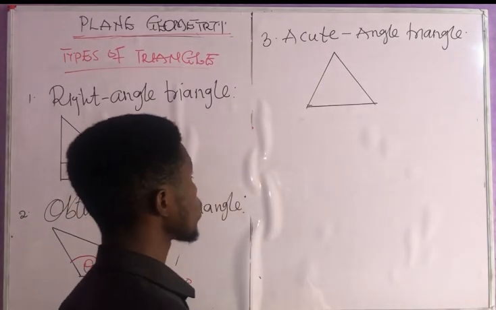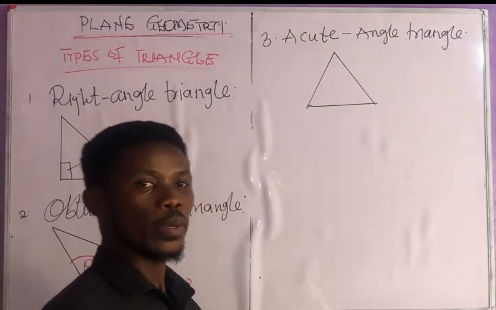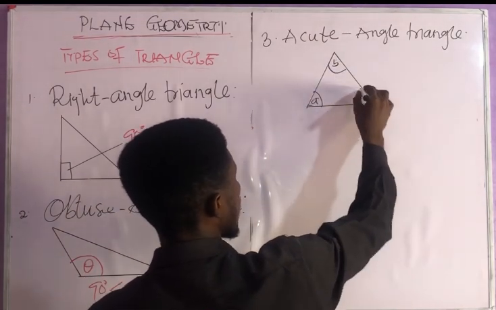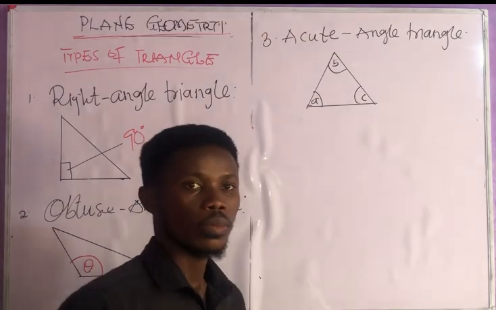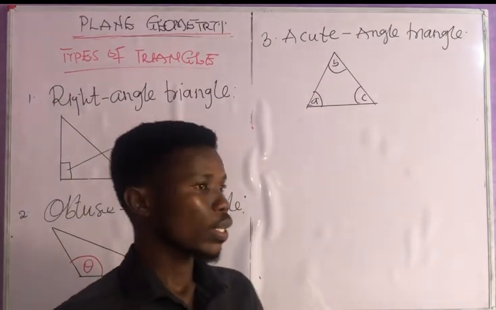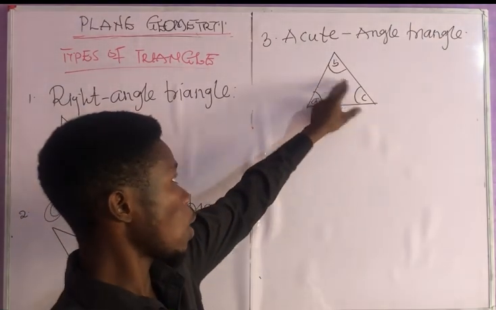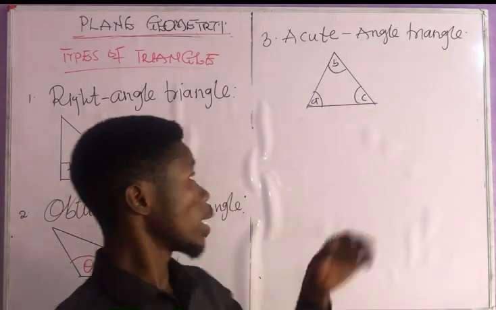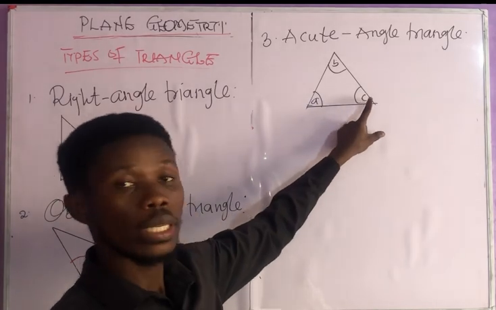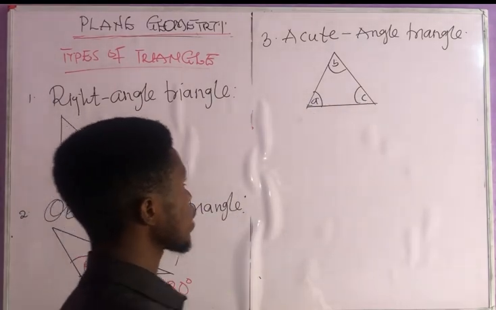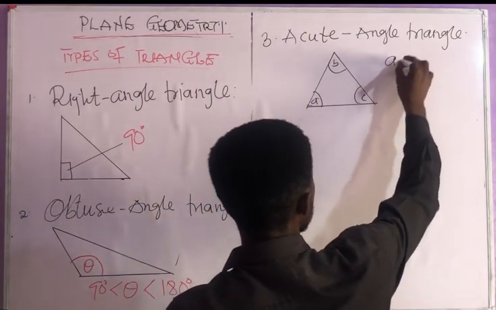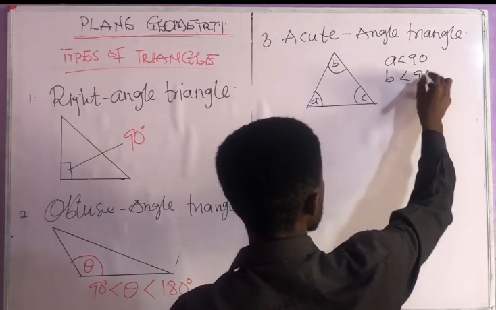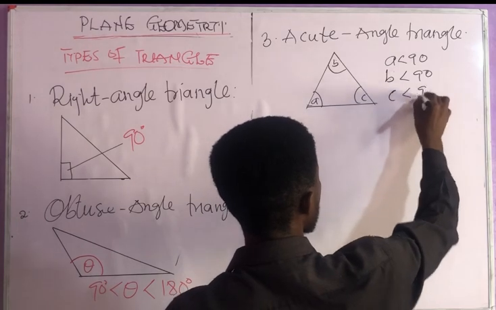So looking at an acute triangle, let's say here's A, B, and C, okay? For the acute triangle, the angles here are all less than 90 degrees. So we are saying that angle A is less than 90 degrees, angle B is less than 90 degrees, angle C is less than 90 degrees.